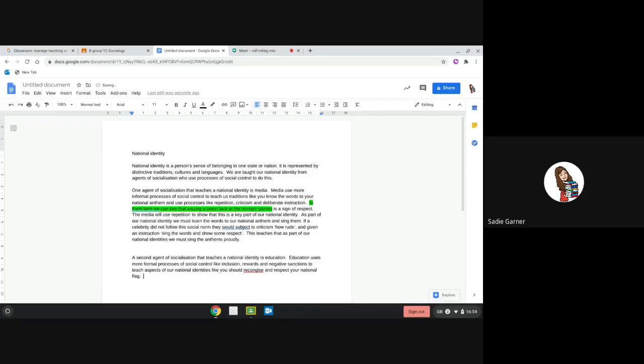Flags are normally tied into a national identity, as are our anthems.